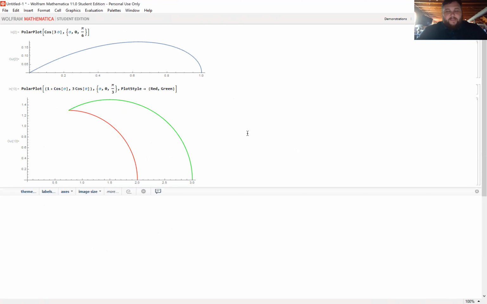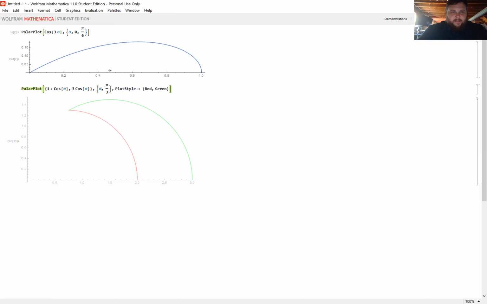So that is the angle pi over 3, so that's good. So notice both of them start at a different value when the angle is 0, but when the angle is pi over 3, they both intersect right there. So in fact, we need to start at pi over 3, and we need to run to a different angle. Now, again, that angle is not going to be the same for both of them.